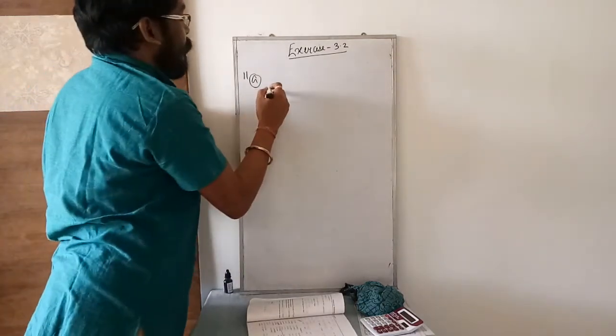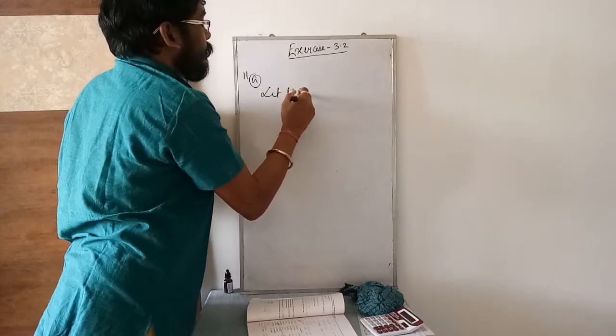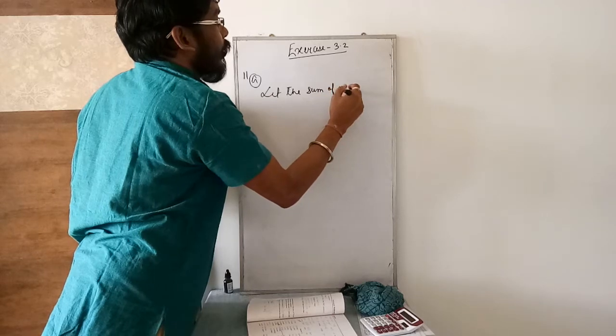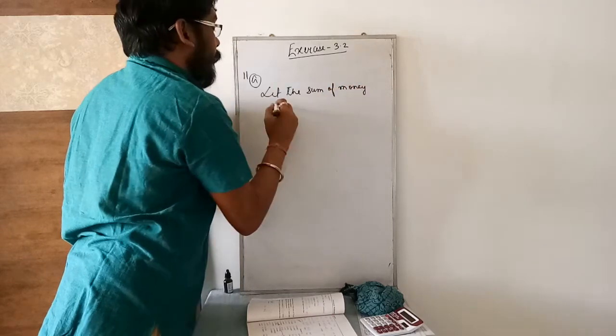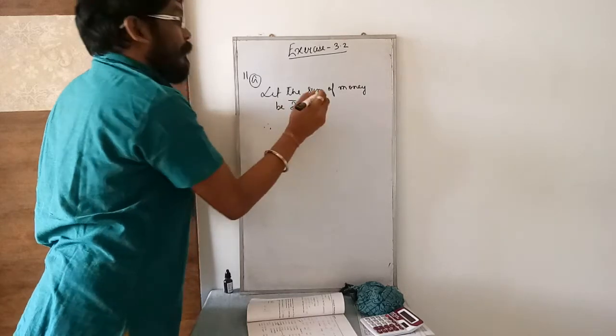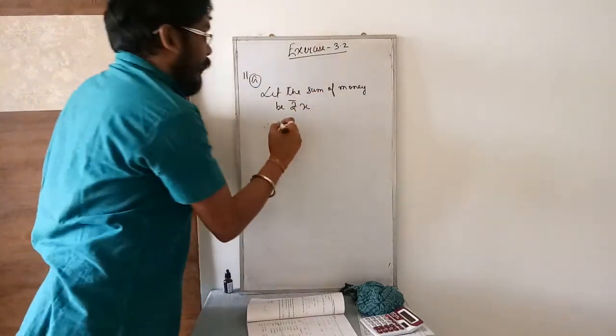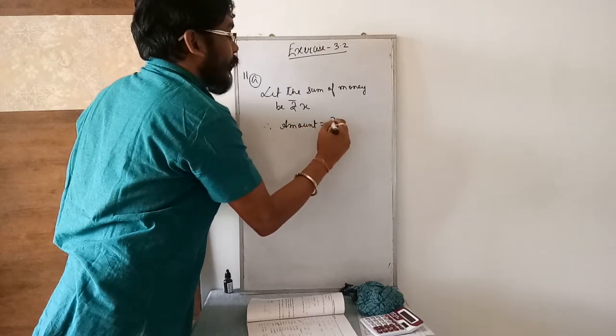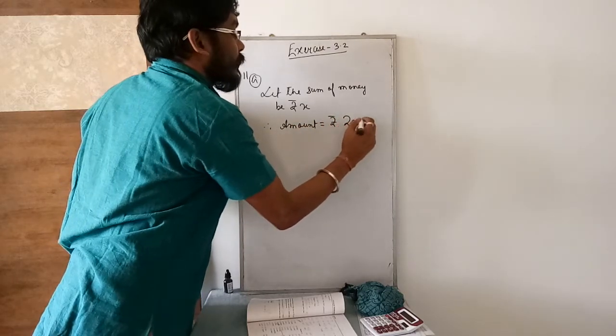So I will write here let the sum of money be rupees x. Sum of money means principal is x. What will be your amount? Amount will be double, amount equal to rupees 2x.